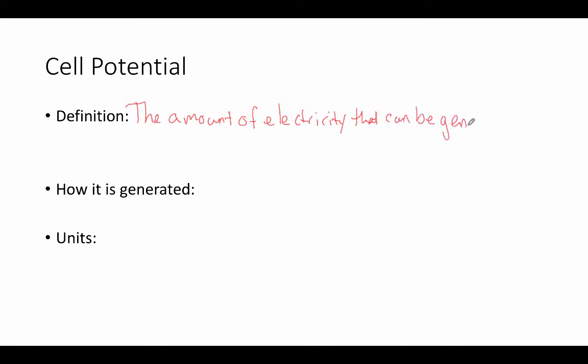We represent this in equations with a fancy E or epsilon, and most of the time you're using the naught sign, which, just like in thermo, means standard state conditions. That's 298 Kelvin, 1 molar solutions.